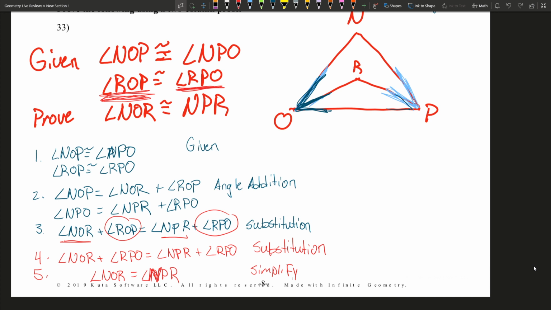One proof will have to do with stuff that we covered in chapter 3. The other proof will be kind of like what was on the last test and this one. It'll involve not just transversals and parallel lines. So one will involve that, one will not.